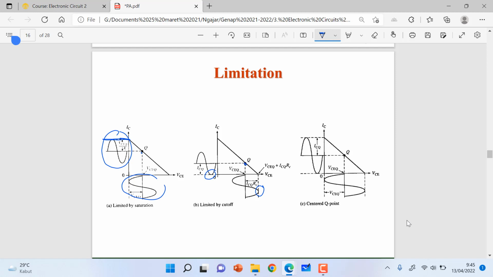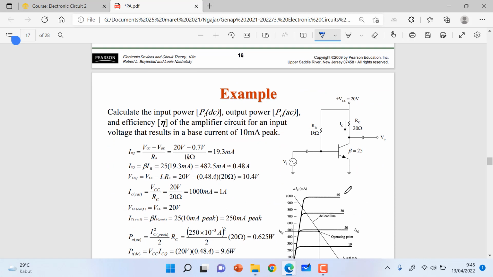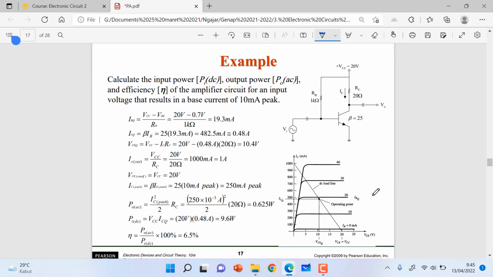So at the center point, like class A, we can get better current swing and also voltage swing like this one. This is not limited by saturation and also not limited by the cutoff. So this is the example for the power amplifier.